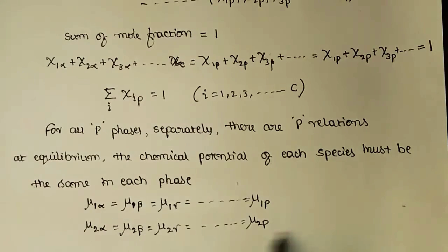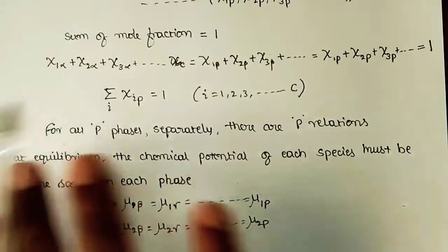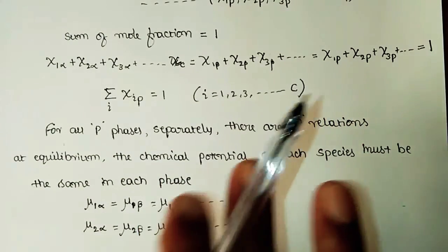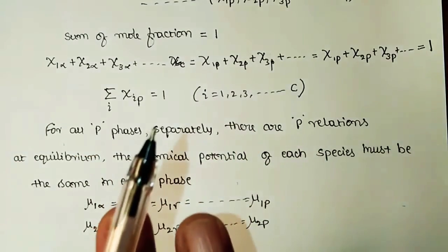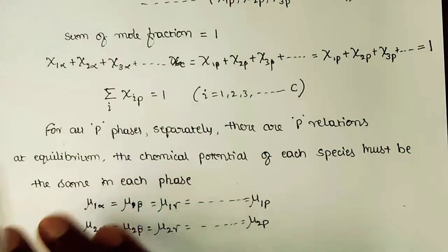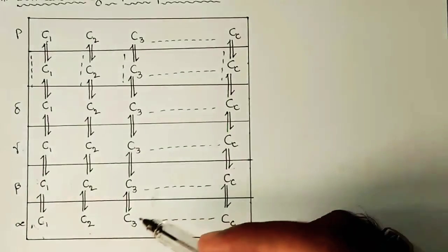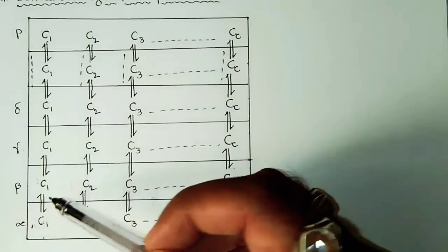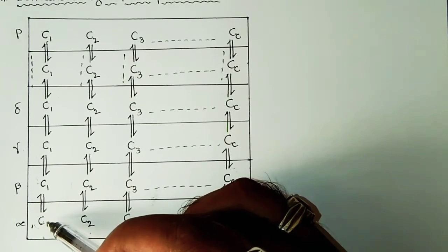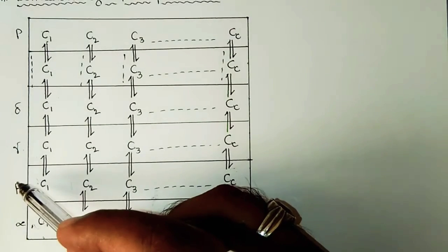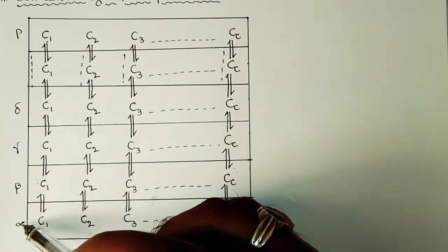With this particular relation, we can say that at equilibrium, there will be no change in the number of particles of each component. The number of particles of individual components remains the same, even though they are passing from one phase to another. In the diagram, if you consider the equilibrium of the C1 component between the alpha and beta phases, we get one equilibrium relation between these two phases.